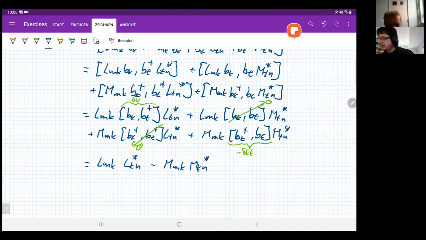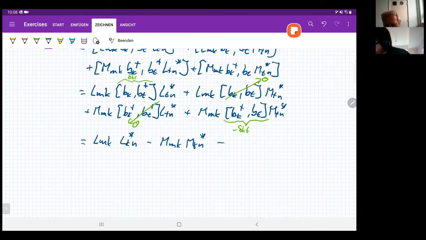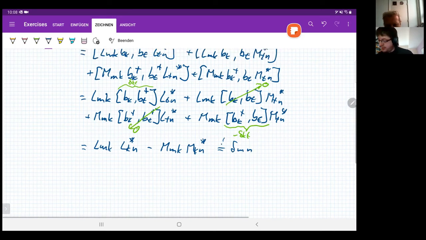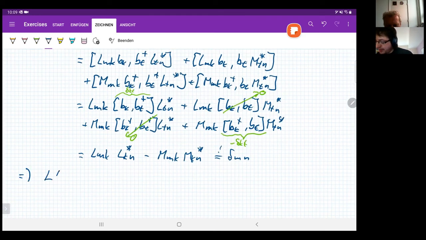Yeah, exactly, in equation 2, I corrected this one. And we know this needs to be the delta function. Therefore, we have now a different condition, which is given by this equation. Now, if we use a matrix language, this means that we have L L dagger minus M M dagger equal the identity matrix.